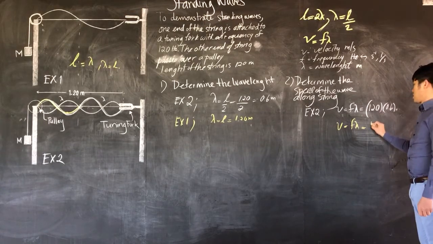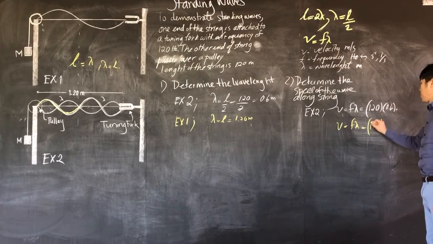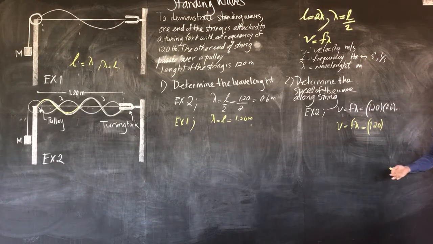Just assume that the frequency is the same for this case only. The number could change based on what's given. So these are your velocities. I hope this helped.